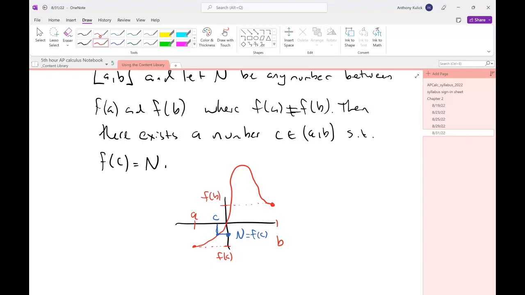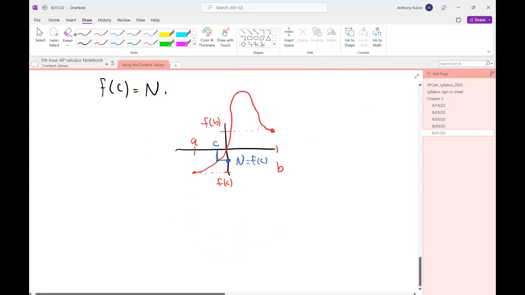That's okay. But every y value in between f of a and f of b is covered by some output from that function still. Does that feel okay to you guys? Relatively easy idea, right? A little technical in the wording, but pretty easy.